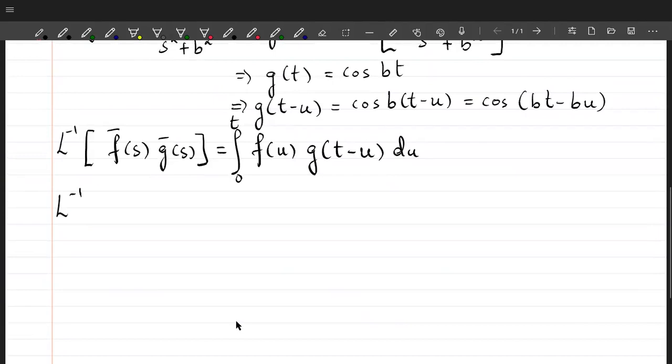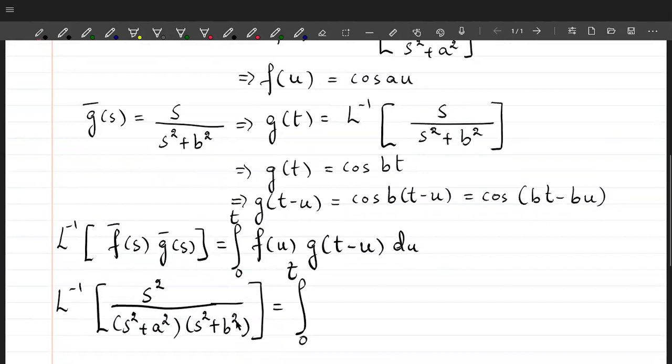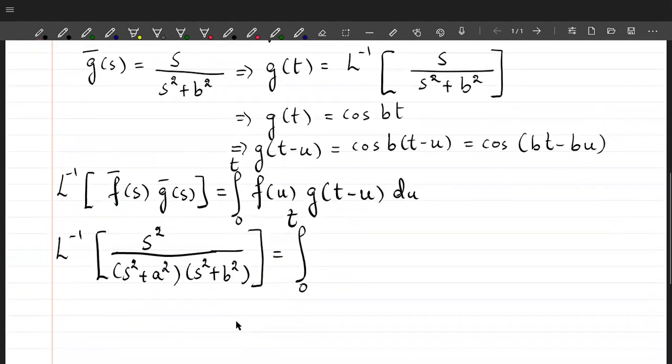L inverse of f bar of s multiplied with g bar of s is nothing but the given question itself. So we'll just write s square divided by s square plus a square multiplied with s square plus b square, and that's equal to integration from 0 to t f of u. What is f of u in this? It is cosine of au into what is g of t minus u?